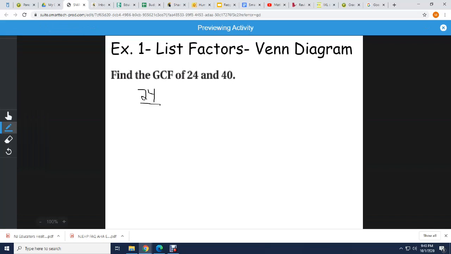What are all the factors of 24? Well, it's 1 times 24, so 1 and 24 work. 2 and 12 work. 3 and 8 work. And 4 and 6 work. So these are all the different ways you can get 24. These are all the factors that can get to 24.